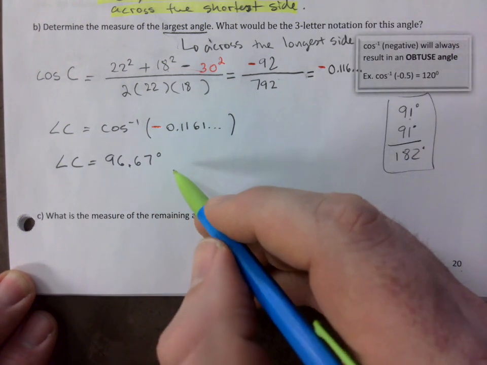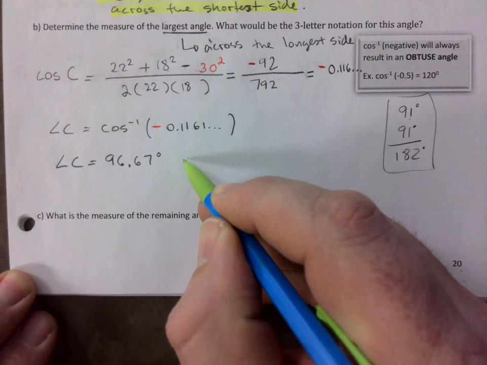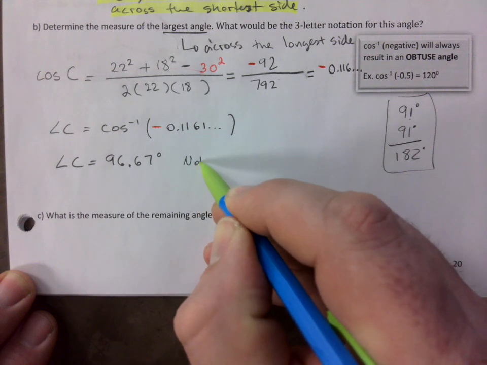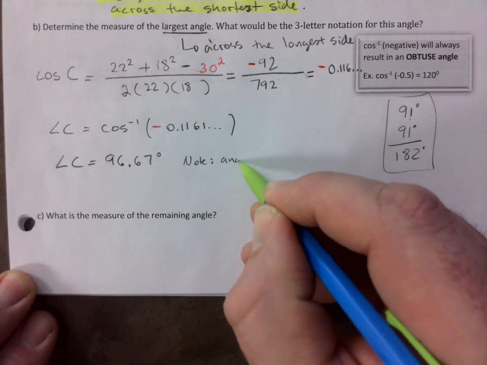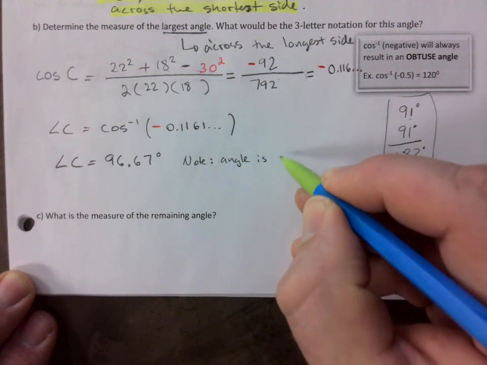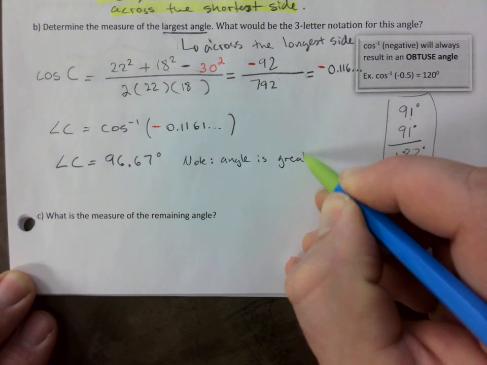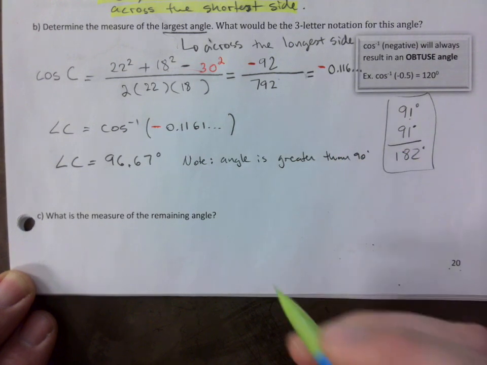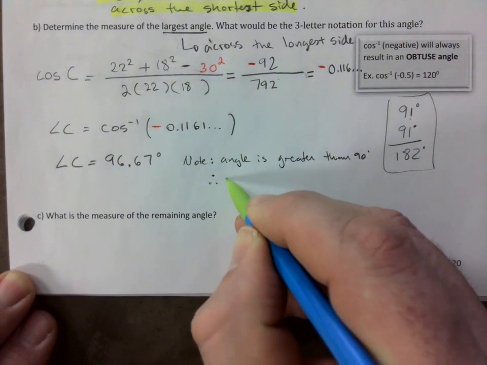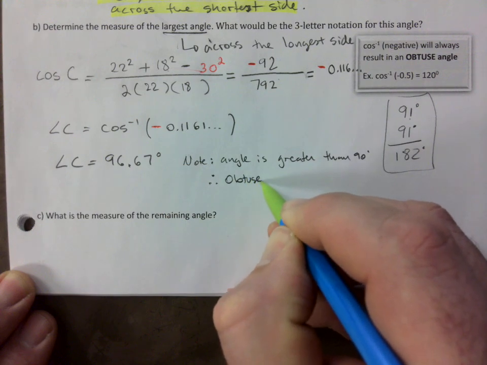I'll make a note here. Angle C is greater than 90 degrees. Therefore, obtuse. Okay?